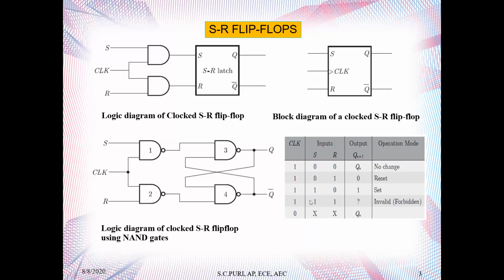But the problem is that whenever there is 1, 1, it goes into an invalid state. Why? Because both Q and Q bar obtain the same value, which violates our basic assumption that one output is the complement of the other, and thereby it is considered an invalid or forbidden state. And the X entries mean don't care. So this is the truth table of an SR flip-flop.